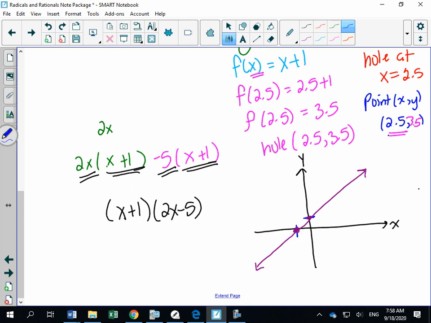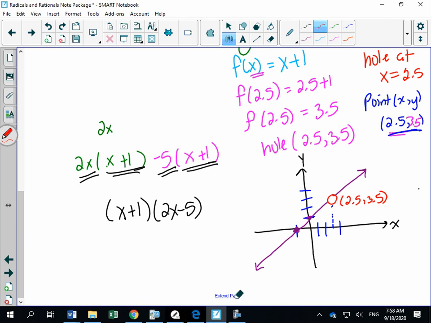However, at x is 2.5 and y is 3.5, so at 2.5 and 3.5, there is going to be a hole in my graph. And that's how I would show the empty set or the empty point in my graph.